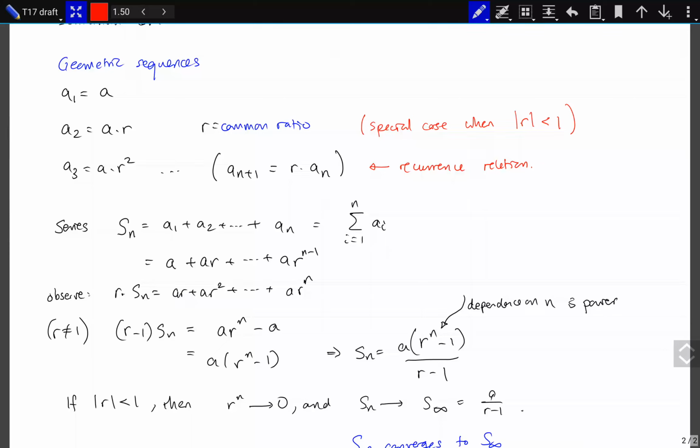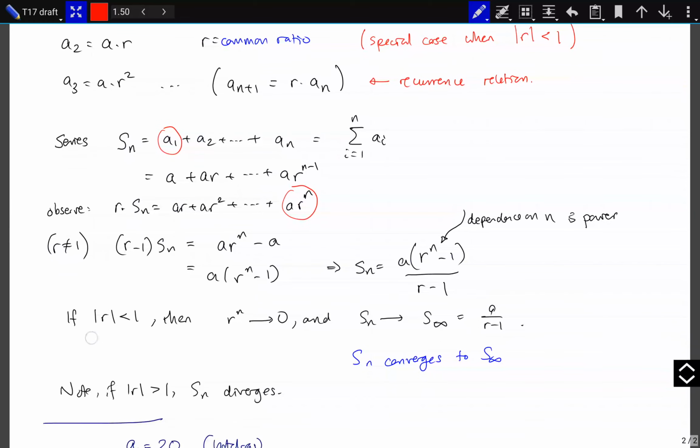If I take the difference, I kill off every term except the ending one and the starting one. All the intermediate terms get cancelled. That says (r minus 1) Sn is equal to ar^n minus a. And in the case where r is not equal to 1, I can divide through to get a formula for the sum of the series.